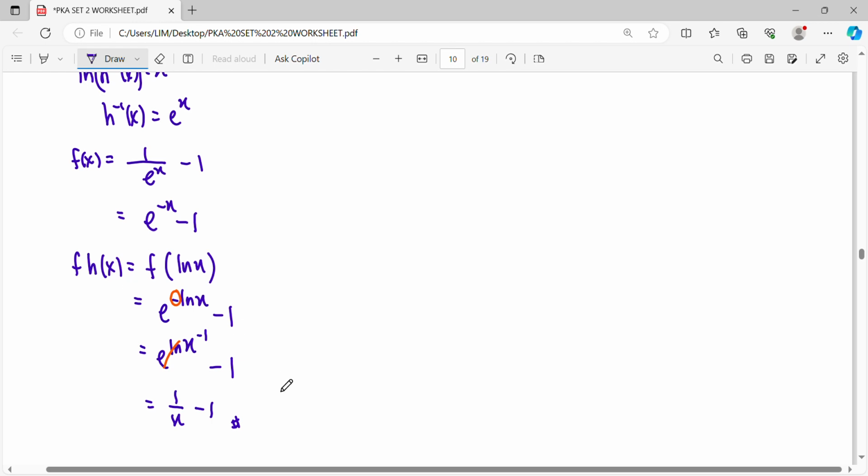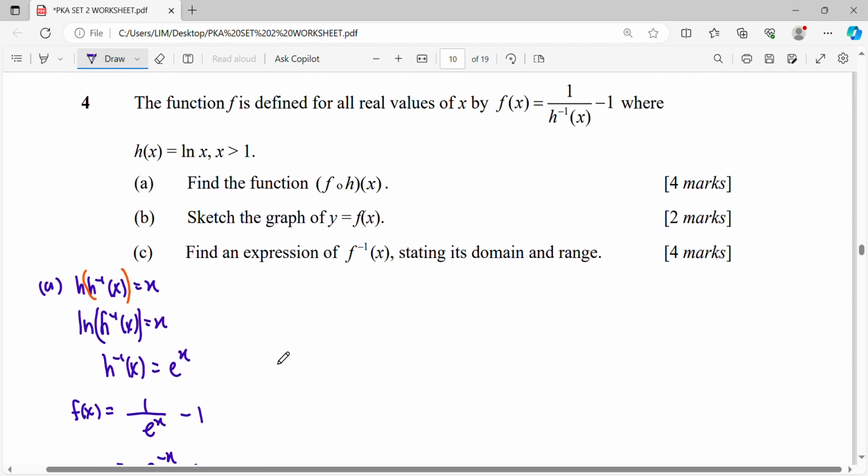Then when we move to part B, sketch the graph of this function. As we know, this function is generated from h inverse, and h inverse is generated from h(x), and this h(x) is not a general function, as it has a condition that it only accepts x more than 1. So we have to draw the graph step by step.